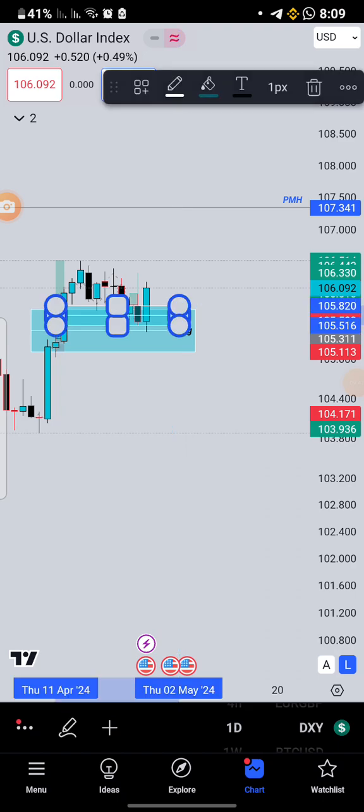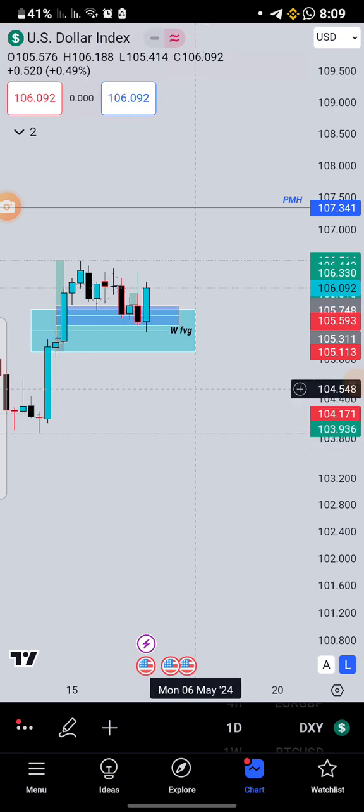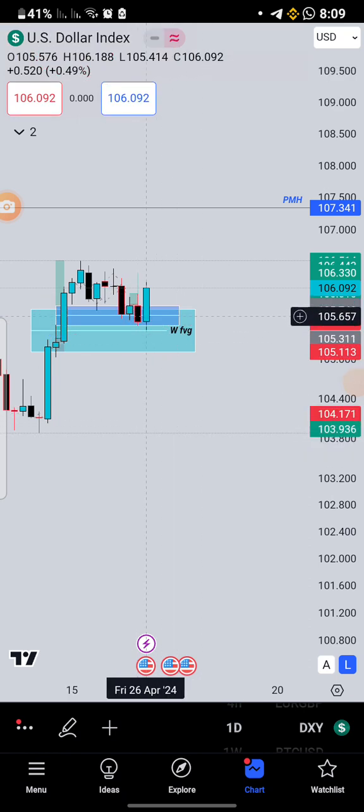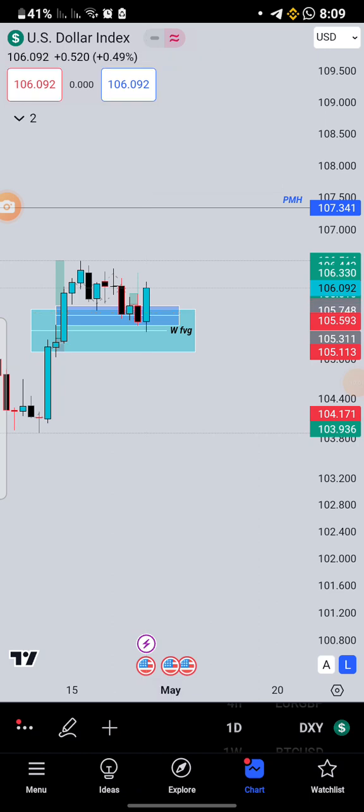Just see how clean this price action is. We can see these candles were respecting this daily fair value gap. These candles never closed outside this fair value gap, but they reacted inversely inside it.